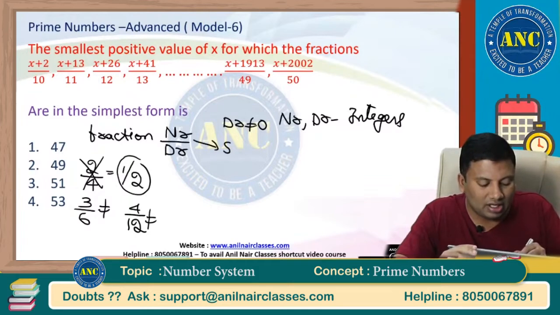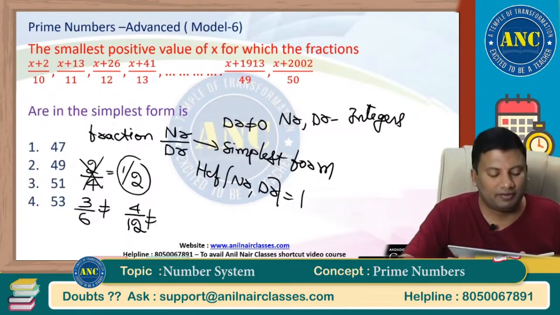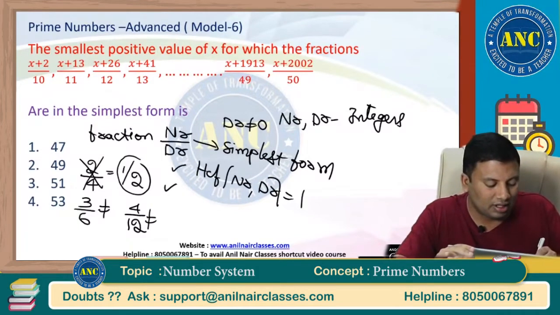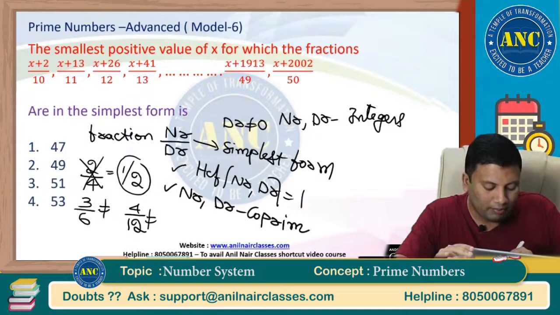A fraction is said to be in simplest form if the HCF of numerator and denominator is 1. In terms of mathematical language, numerator and denominator should be co-prime to each other.